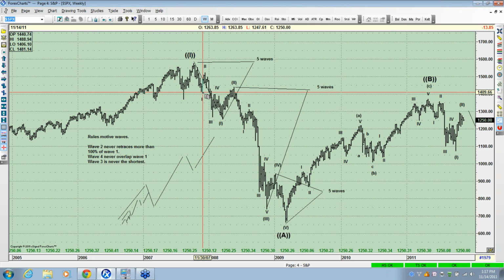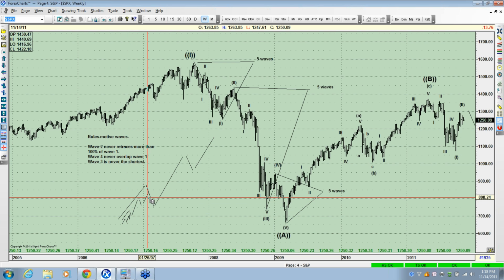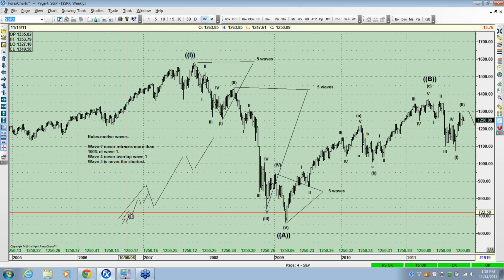So what happened next? It's a sequence when the degree is getting bigger and bigger. But at the end of the day, the message is very simple, that within these 5 waves, you're going to find another 5 waves. And within these 5 waves, you're going to have another 5 waves.